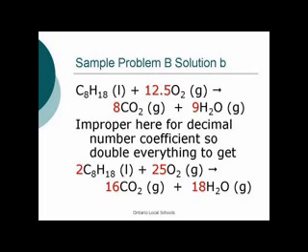Now, it is generally considered improper to have a decimal number coefficient or a fractional coefficient. So the way that we can get rid of that decimal is to multiply by the smallest whole number possible to take everything to a whole number, which would be 2. So we then have 2 C8H18 plus 25 O2 will yield 16 CO2 and 18 H2O.